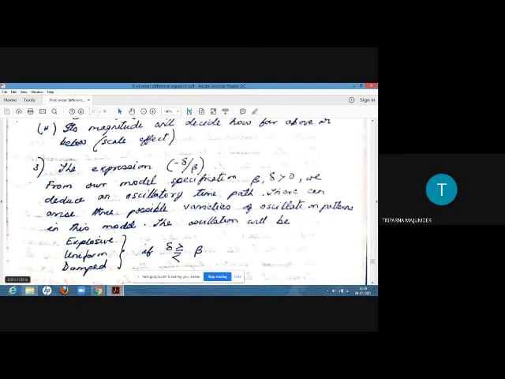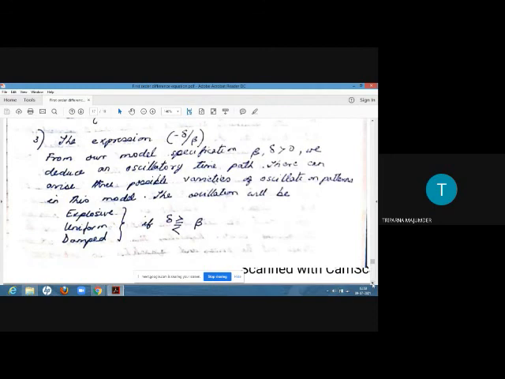It is damped when delta is less than beta. So, explosive implies it moves away from equilibrium. Uniform means it just moves around the equilibrium, and damped means it moves towards the equilibrium.